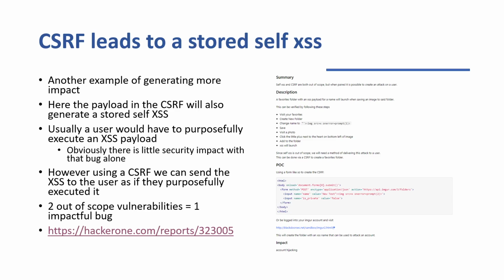However, if we use a CSRF to send that XSS to the user as if they purposefully executed it, what we can do is kind of force their account to execute an XSS, even though it's a self-XSS. So here we've got two out-of-scope vulnerabilities, CSRF and XSS. However, actually, there's quite a nice impactful bug there.